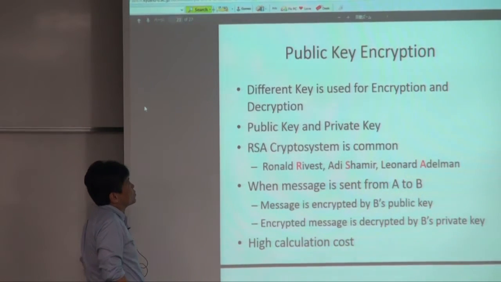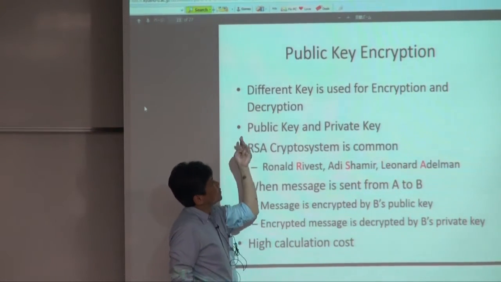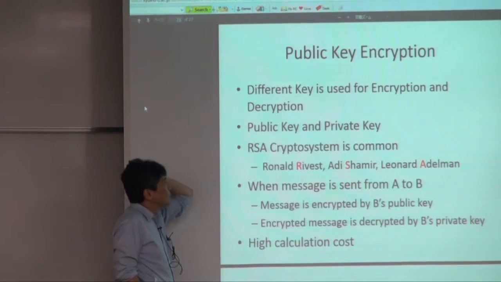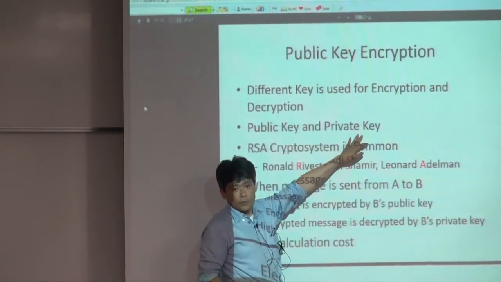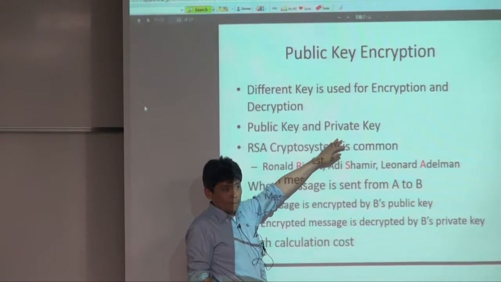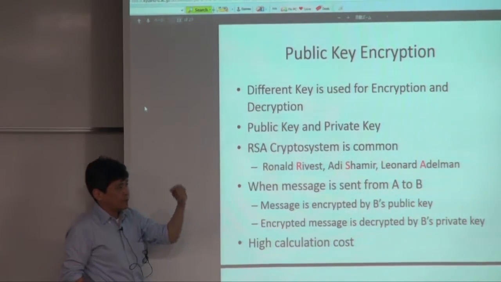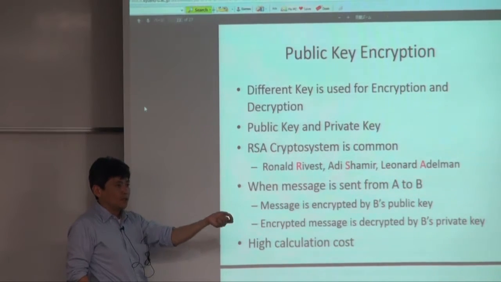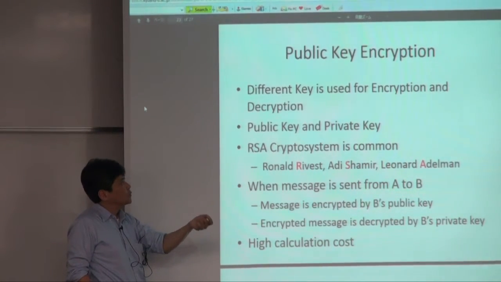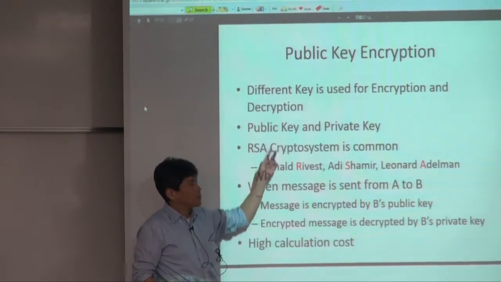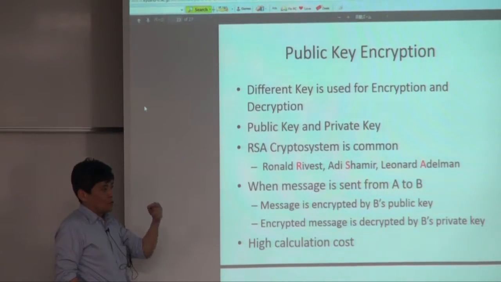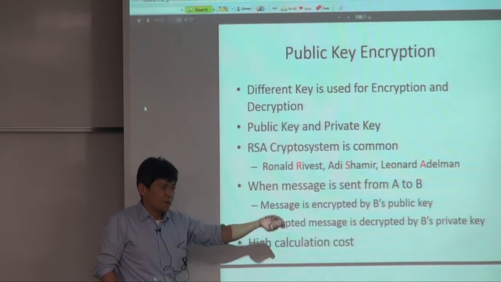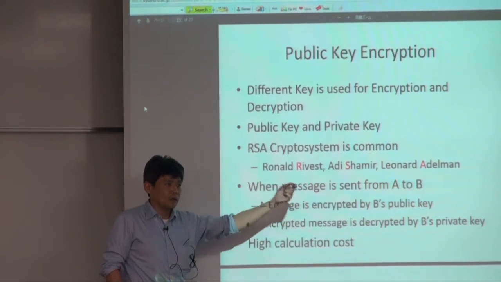For this encryption, two different keys are used. One is a public key and the other one is a private key. Okay? So when you encrypt any contents, you have to use two keys, public key and private key.